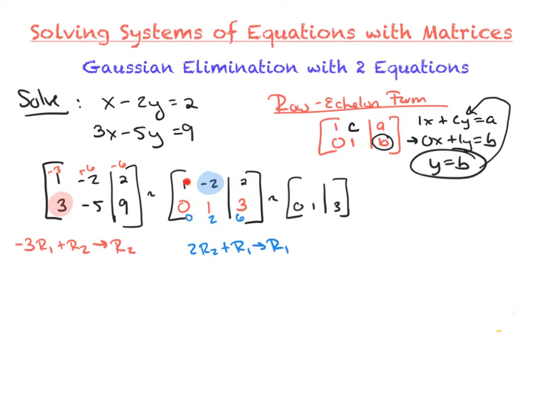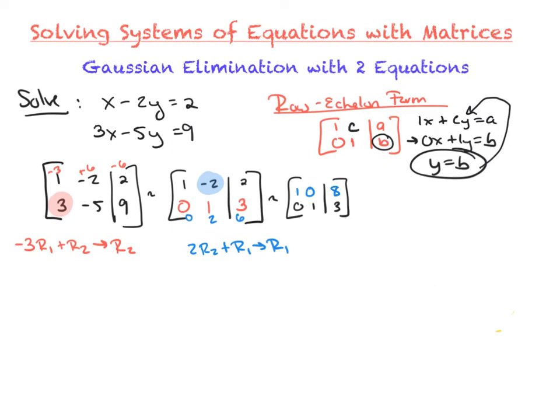So 0 plus 1 is 1. And 2 plus negative 2 is 0. And then finally, 6 plus 2 is 8.